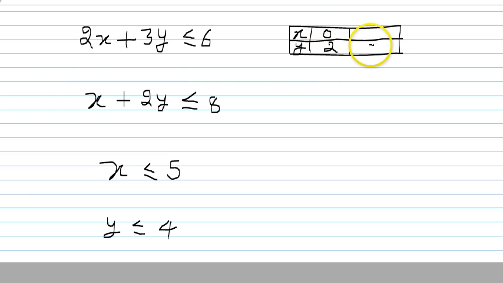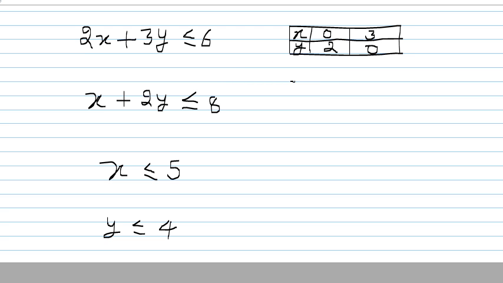Then the other time I'm going to put y as 0. Now when I put y as 0, I'll be left with 2x equals 6, so x is 3. So this is the table prepared for the first inequation, and this is the simplest way to prepare a table.